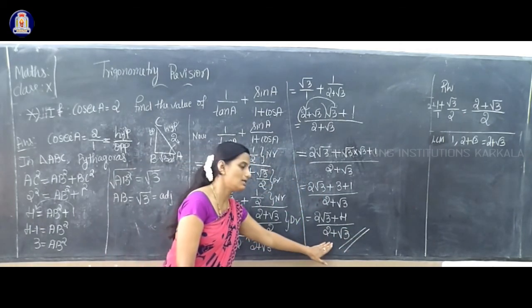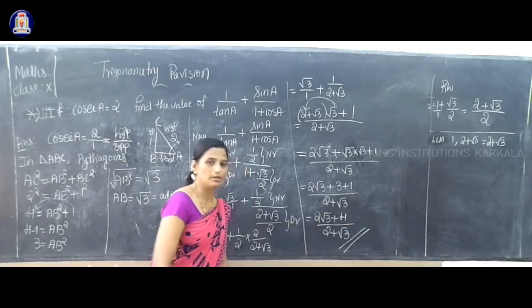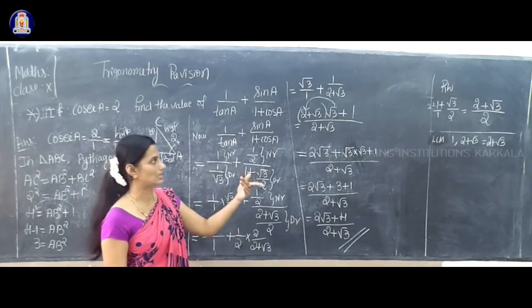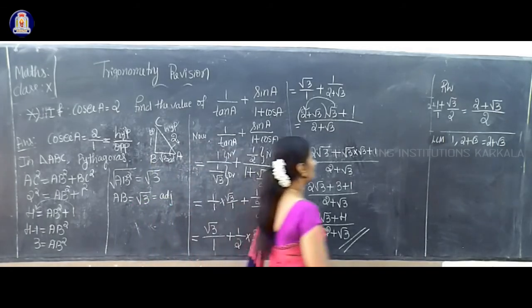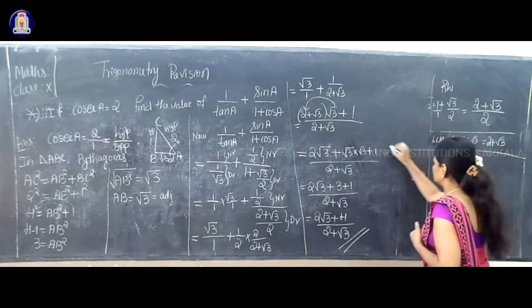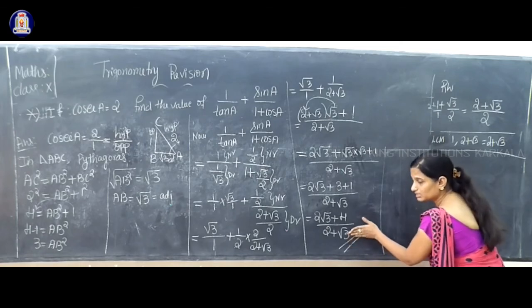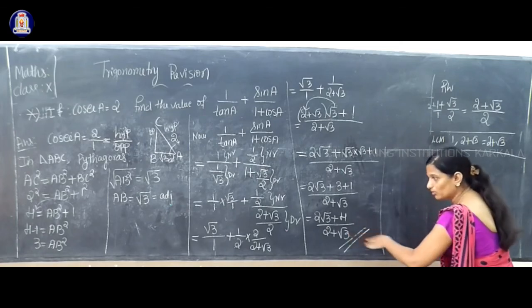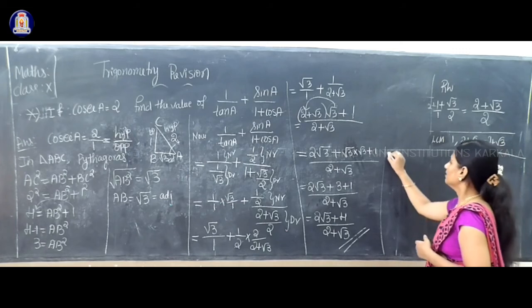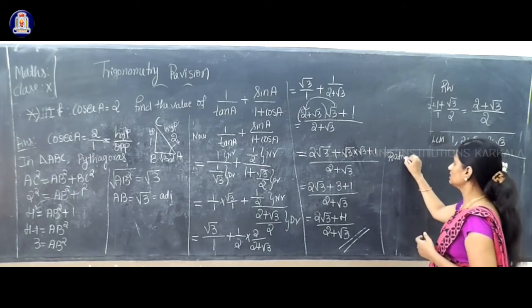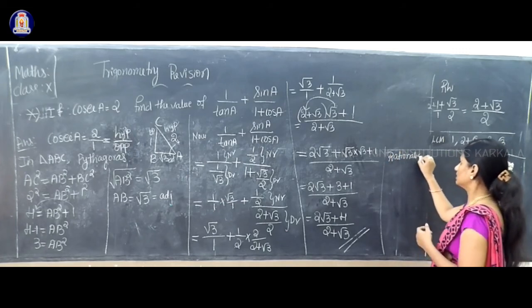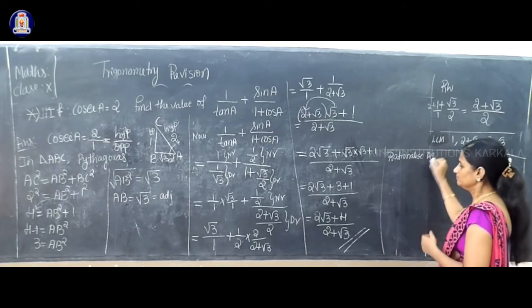This is your answer. Further, you can also simplify by rationalizing. That is not necessary, but still I am doing that step. This much answer is enough. If you want to continue further, continue by rationalizing the denominator.